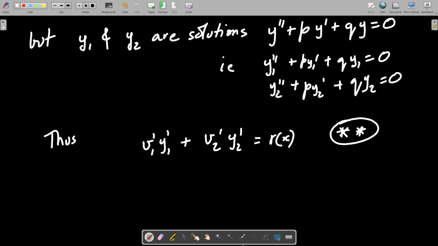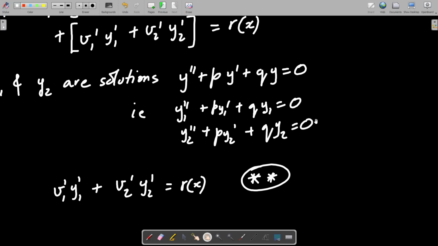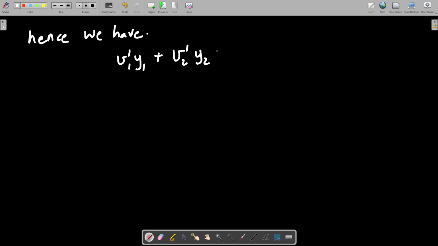Hence we have two equations with us. What are they? And this should be 1.